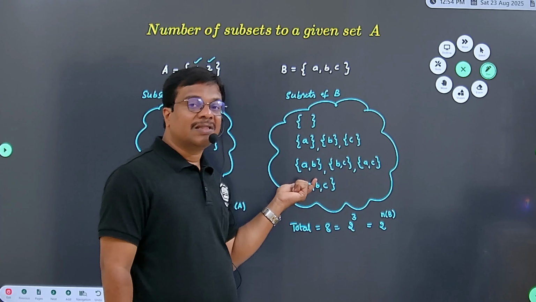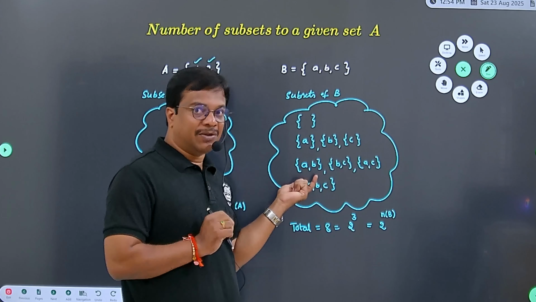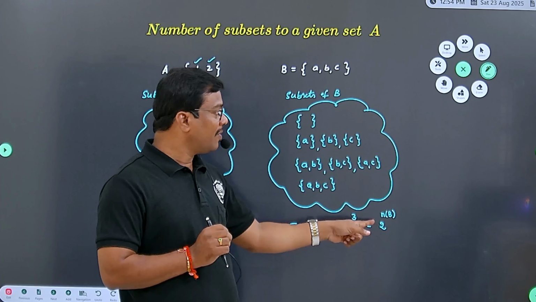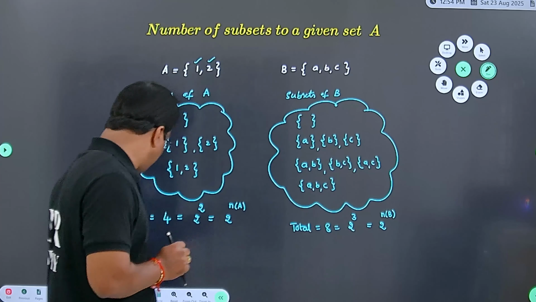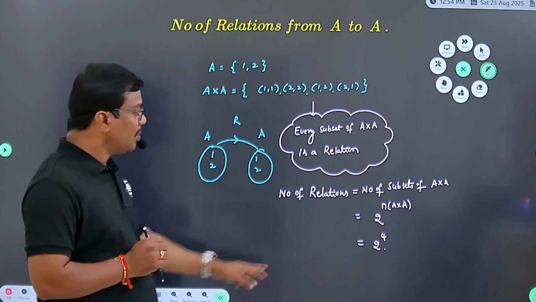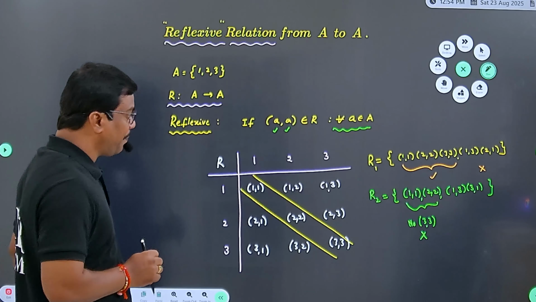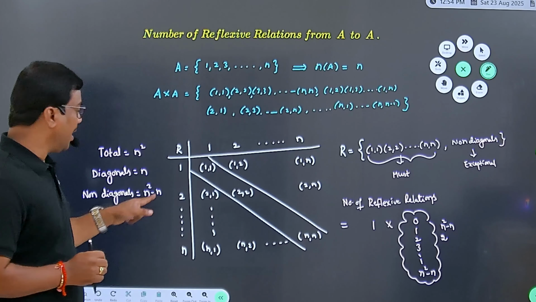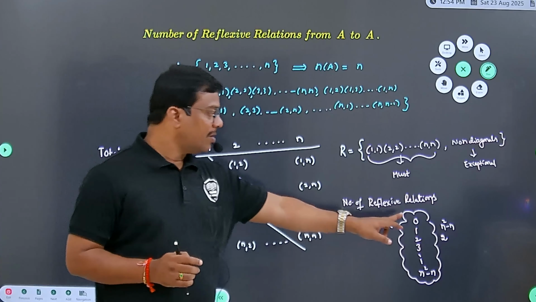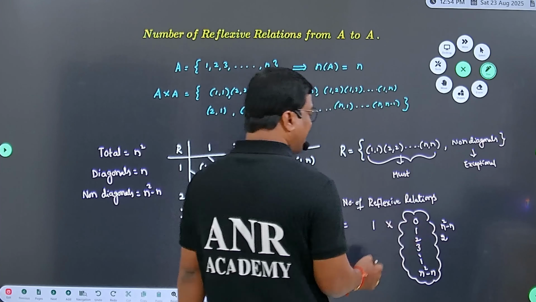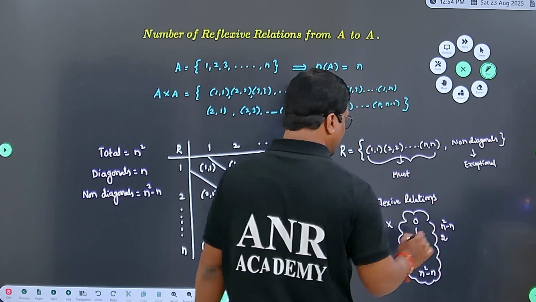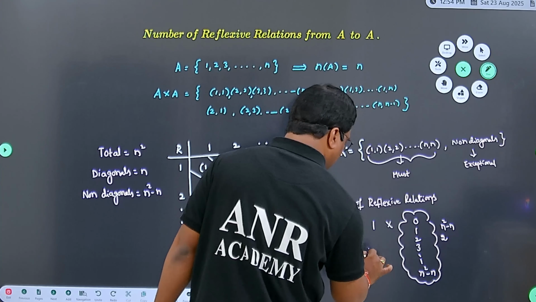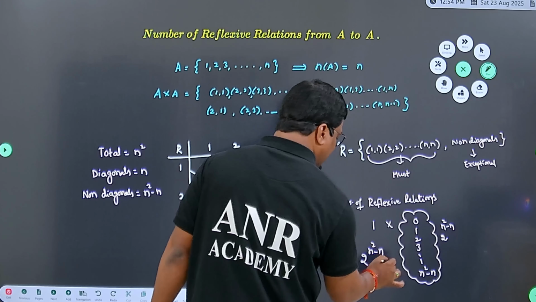Next, two ordered pairs along with diagonals. Suppose three ordered pairs along with diagonals. So like that, how many chances are there? 2 to the power of the number of elements in that set. The same here, I am going to write 2 to the power of the number of elements in the non-diagonals. So finally 1 multiplied by 2 to the power of n square minus n implies I can write the number of reflexive relations formula as 2 power n square minus n.